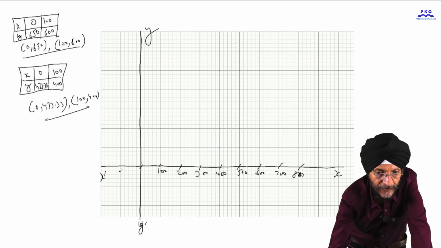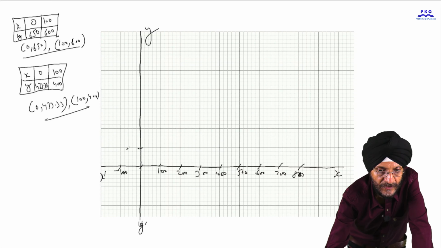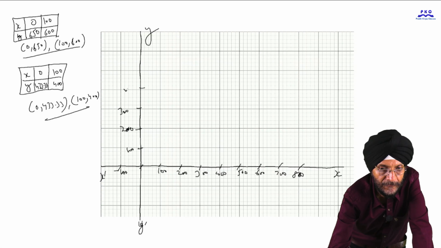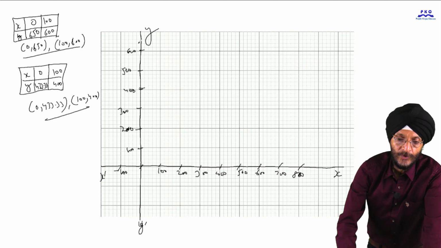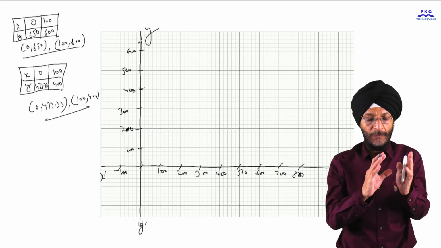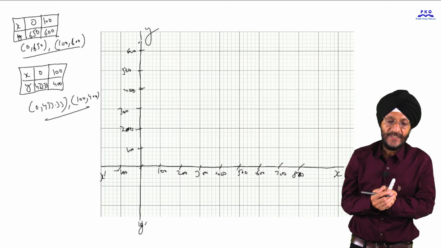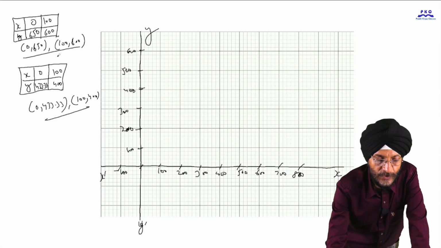In the same way, it will be minus 100, here 100, 200, 300, 400, 500, 600. So now we will form the geometrical representation of these two solutions.